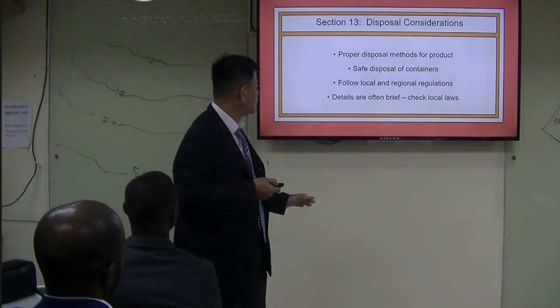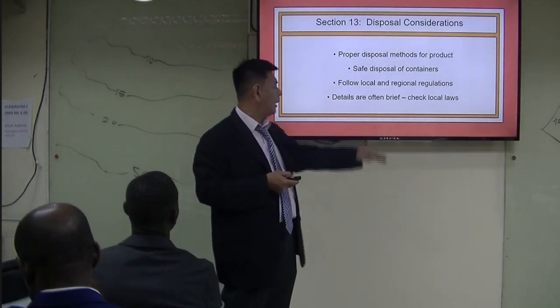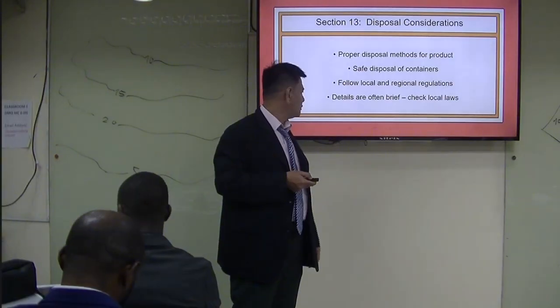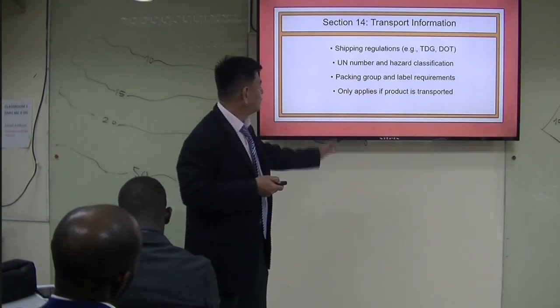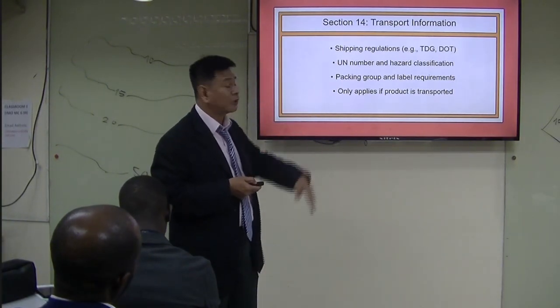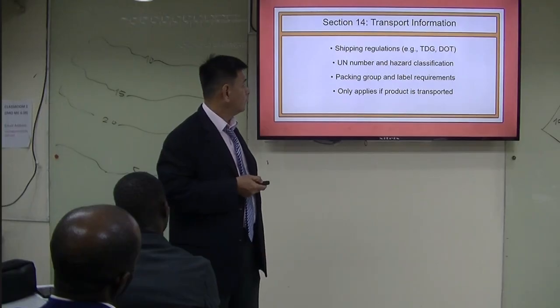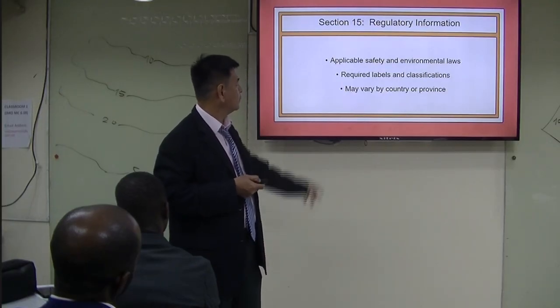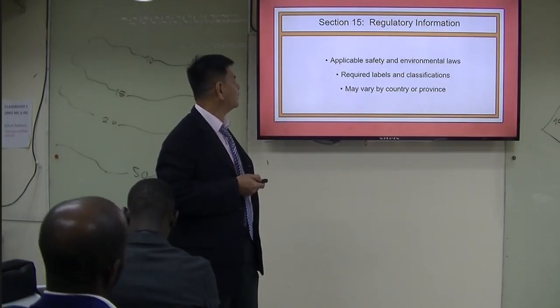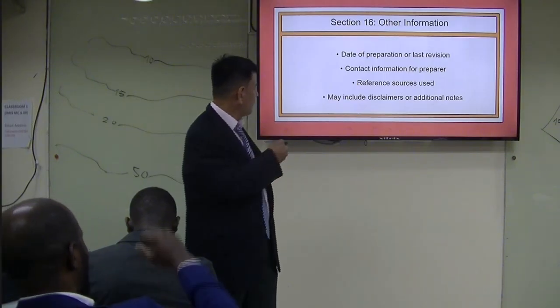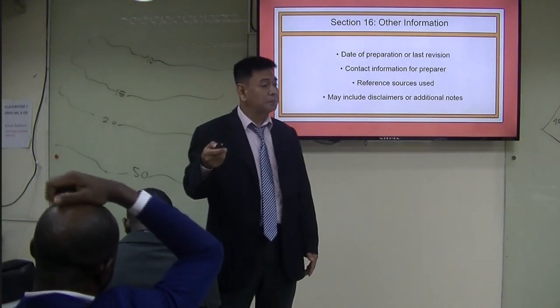If you are going to dispose, you must follow local regulations. You can also find the transport information in section 14, the regulation in 15, and in the 16th section, some other safety information.